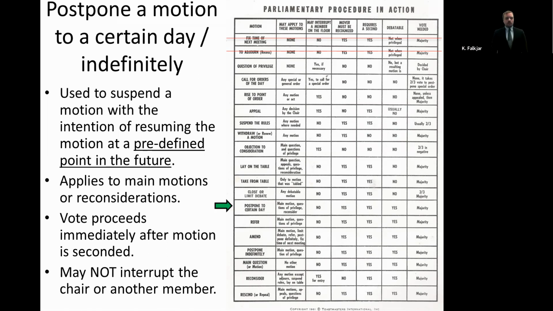And this vote proceeds immediately after the motion is seconded and may not interrupt the chair. Postponing indefinitely would not include this predefined point, and the mover would have to say, I move to postpone this item of business indefinitely.